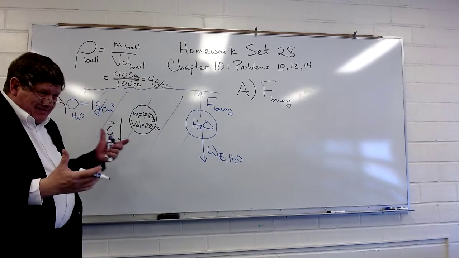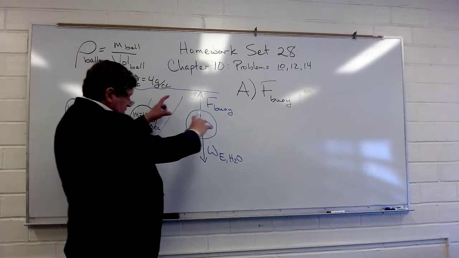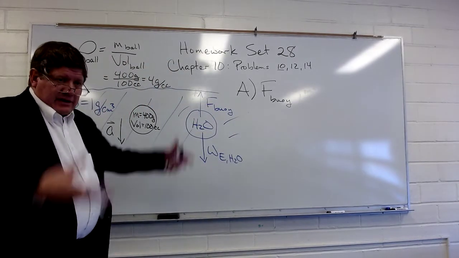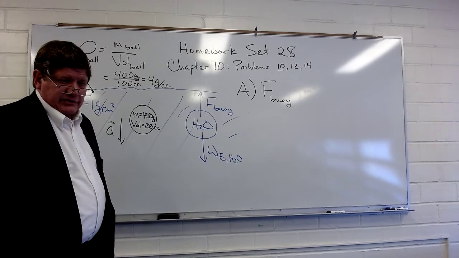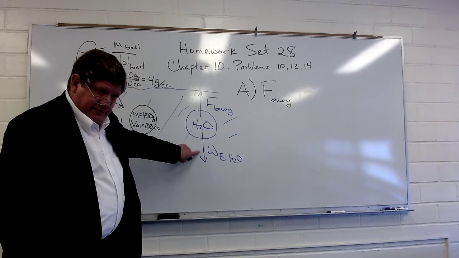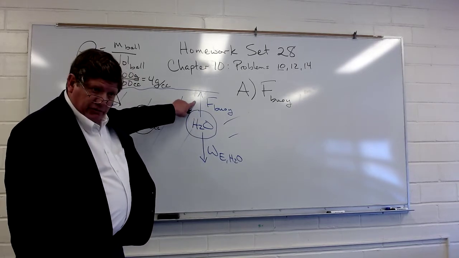And because that ball is made out of water and it's no different than the neighbor water, it's not special. It's not going to go up, it's not going to go down, it's just going to sit there with its neighbors. So that means whatever the weight of this ball of water is going to be the buoyant force on that ball.